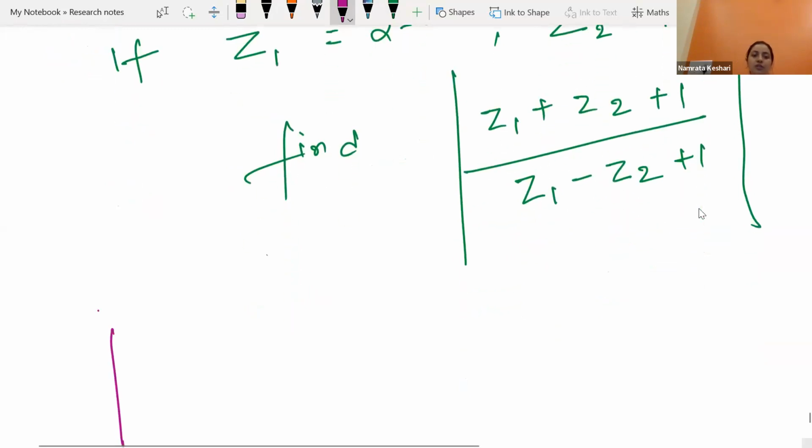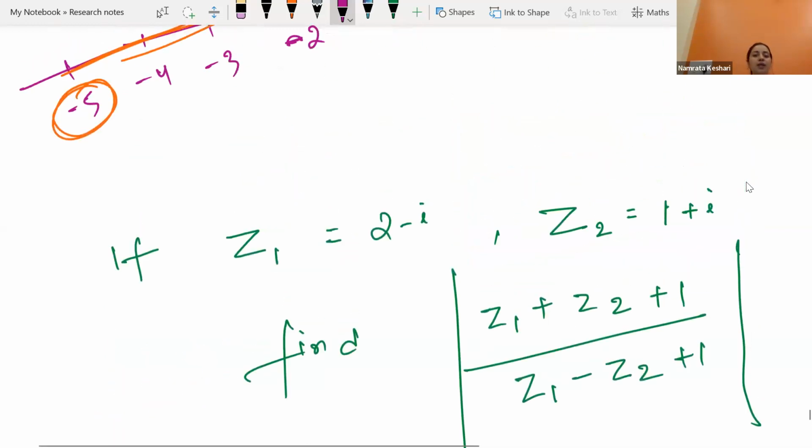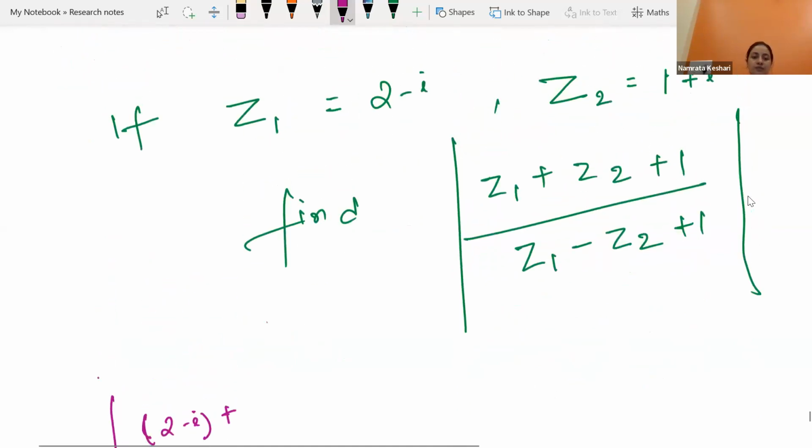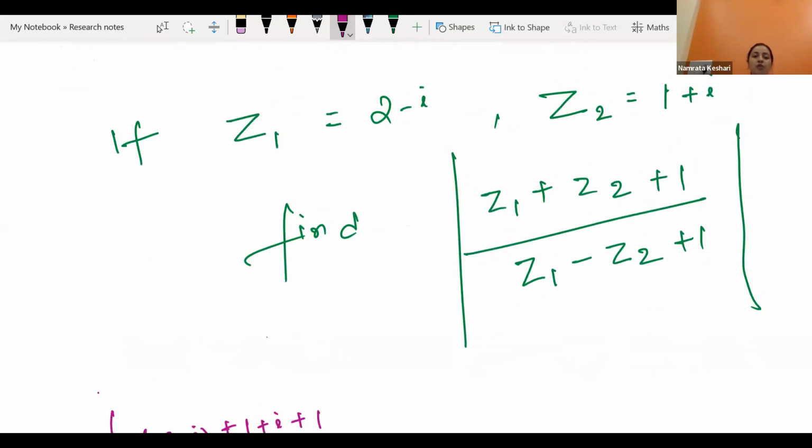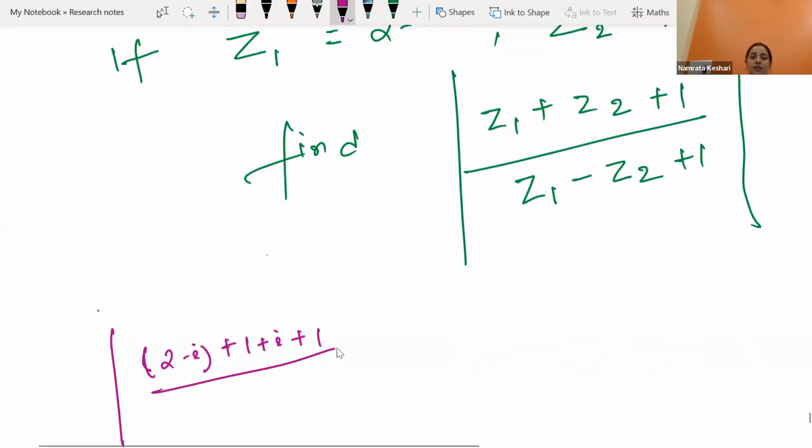I am just substituting the value: in place of z1 we substitute 2 minus i, and in place of z2, the other complex number already given, that is 1 plus i, plus 1, over again z1 which is 2 minus i, minus of z2 which is 1 plus i, plus 1. Okay, let's try simplifying it.